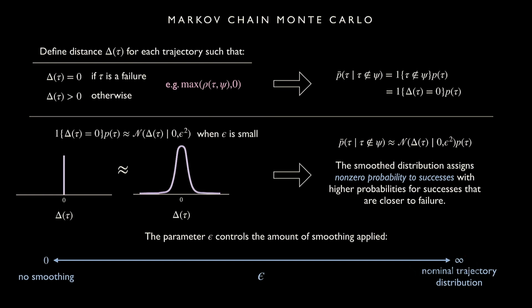As it approaches infinity, you can imagine a normal distribution with infinite variance, which almost looks like a uniform distribution. It's super wide, and so this turns into p of tau. So it approaches the nominal trajectory distribution when it's equal to infinity.